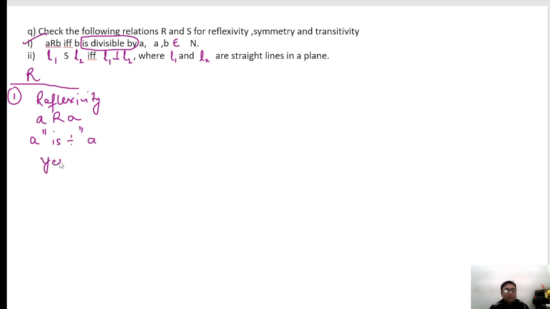Yes, it's possible. तो ये reflexivity condition satisfy करेगा. Next, let us check the symmetric condition for R.